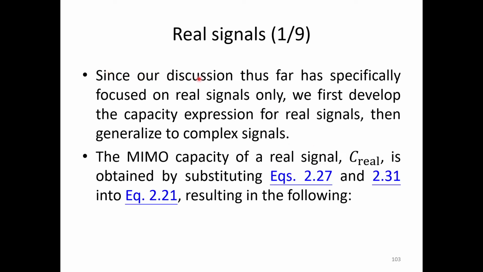Since our discussion thus far has specifically focused on real signals only, we first develop the capacity expression for real signals, then generalize to complex signals. The minimal capacity of a real signal, C real, is obtained by substituting equation 2.27.